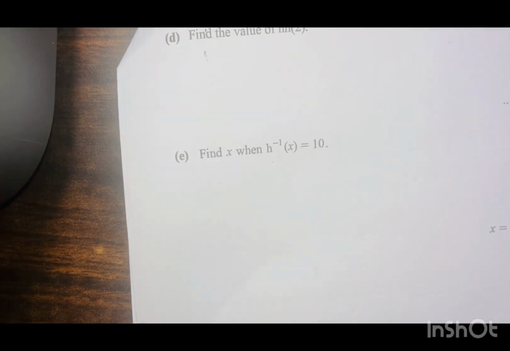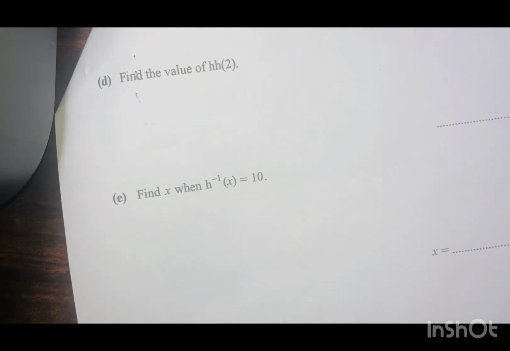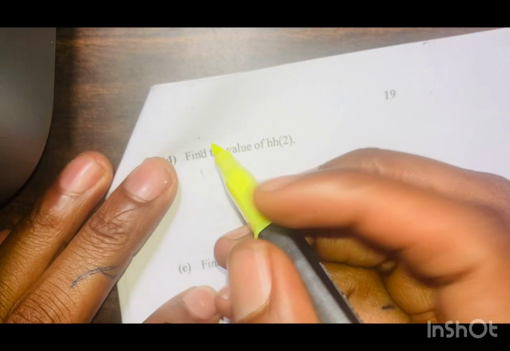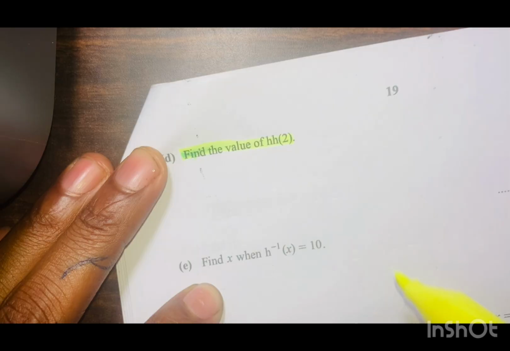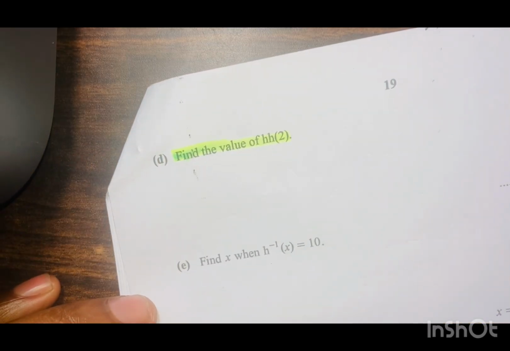Okay, that's fine. So let me finish up the last ones. Find h of 2. So here the question is saying, find the value of h of 2. So firstly, I've got to know what h of x is.